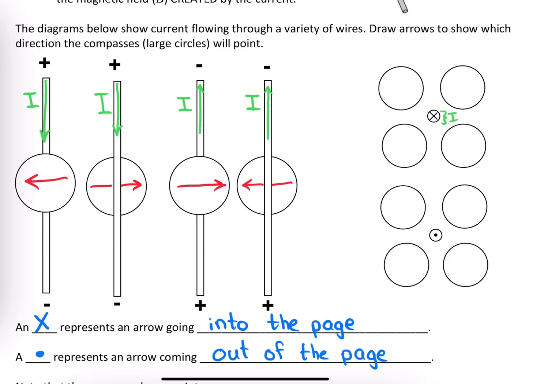Orient your right hand so your thumb is right over top of this wire, going into the page. Then make a fist with your fingers, and you'll see that your fingers are wrapping around that wire in a clockwise manner. That means the magnetic field around this wire will be going in clockwise loops, like this.